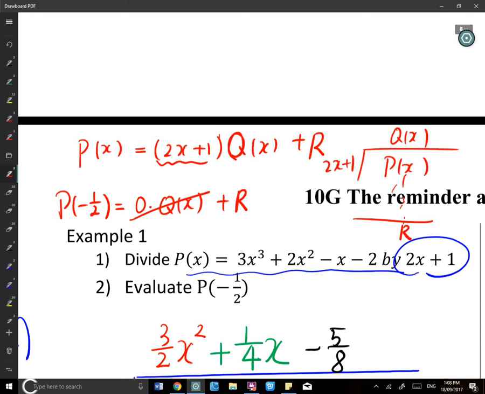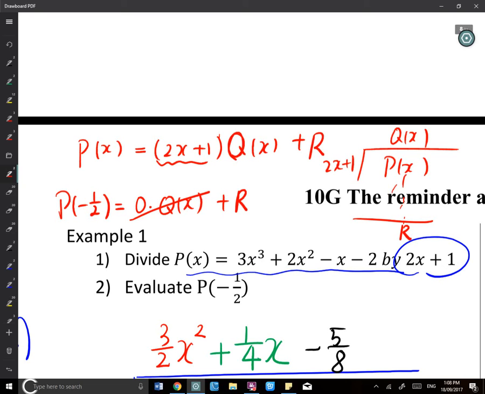In this way we prove that when we substitute negative a half, the number we get is definitely the remainder. What I'm showing here is why, when I substitute that point in, I get the remainder. It doesn't matter what Q(x) is. If you make what you're trying to divide become 0, that whole term just becomes 0, and what has been left is the remainder.